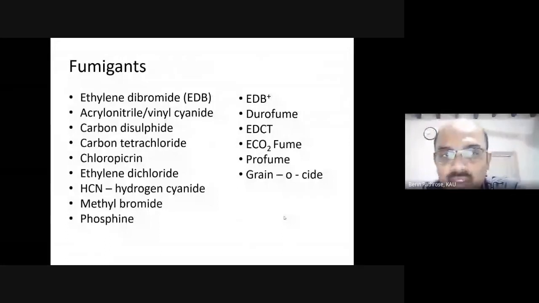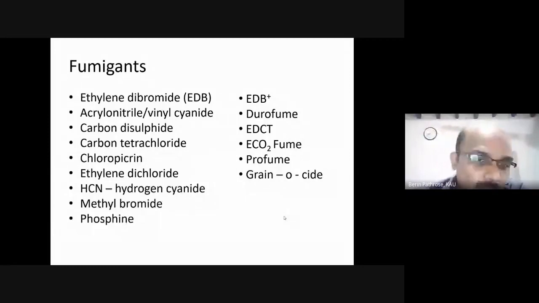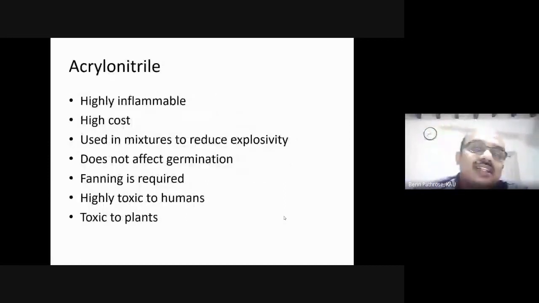The left side list is mainly the older ones: ethylene dibromide, acrylonitrile, carbon disulfide, carbon tetrachloride, chloropicrin, ethylene dichloride, hydrogen cyanide, methyl bromide, phosphine, etc. And the right side, especially ECO2 fume, profume, granoside, all of them are recent fumigants which are considered as alternatives to methyl bromide. So coming to each and every fumigant one by one.